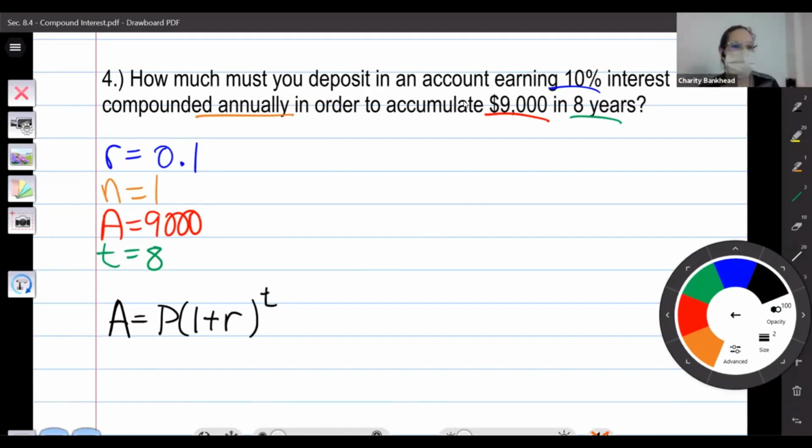So you may see a different looking version of the formula like this. It's not a different formula, it's the same formula. They just simplified it by taking out the n because in this case, n is equal to 1. So you don't have to do it that way, but it's just an option. So just letting you know, so hopefully you won't be too thrown off by that when you see that on the MyLabs.